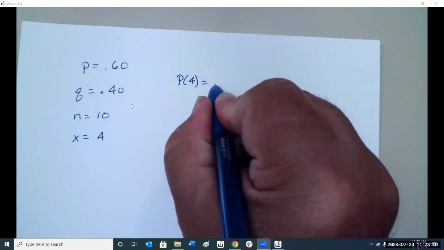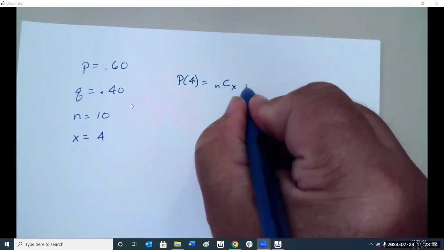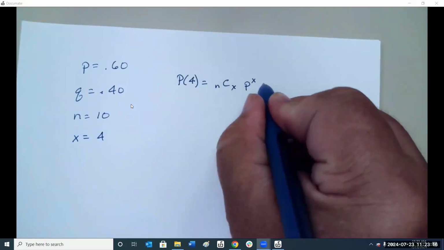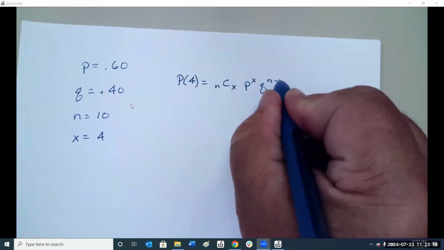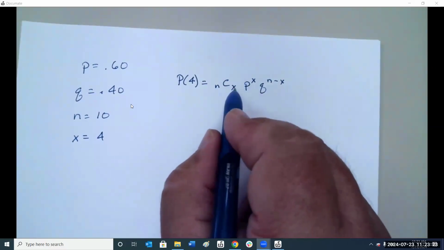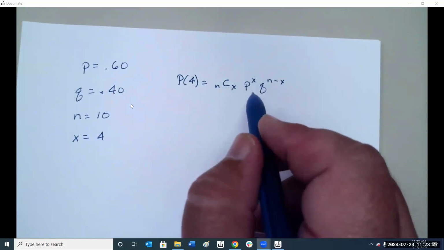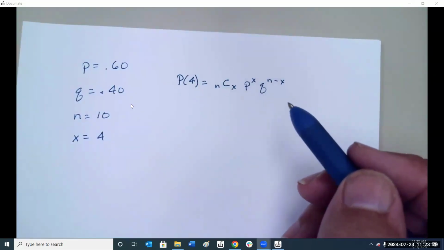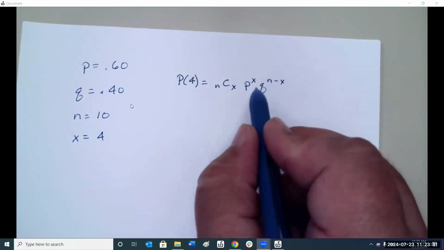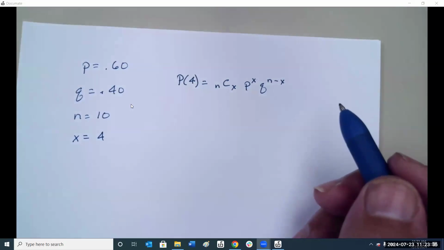So first, we have our formula. It's going to be nCx, a combination formula: n factorial over n minus x factorial times x factorial, times p to the power x, q to the power n minus x.